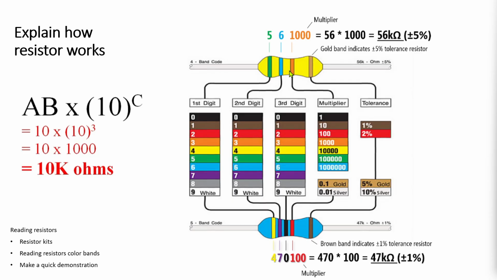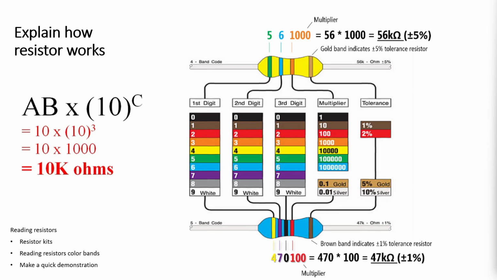The final color, orange, is how many times we multiply the first two values. Here the third color is orange, so we multiply the first two values by 1,000, and this gives us the value of the resistor.